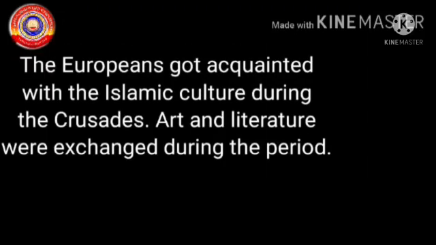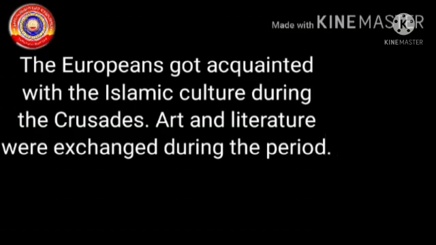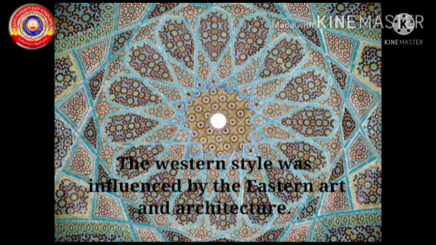The Europeans got acquainted with the Islamic culture during the Crusades, means during the Crusades period, the Europeans were aware of Islamic culture. Art and literature were exchanged during the period. The Western style was influenced by the Eastern art and architecture.